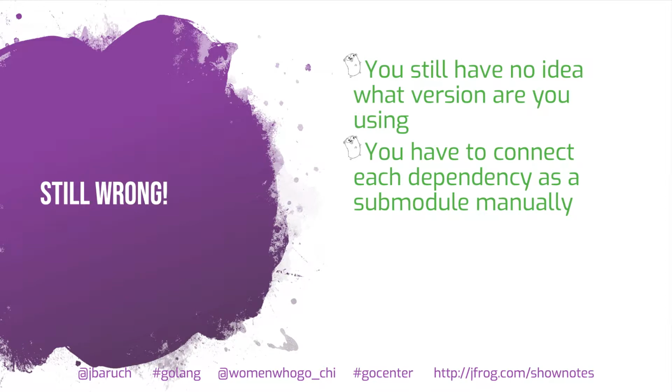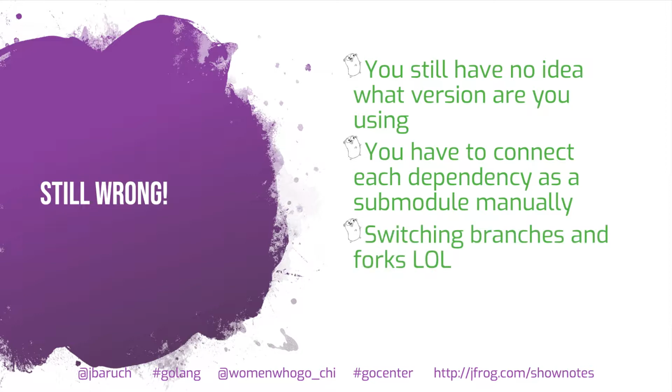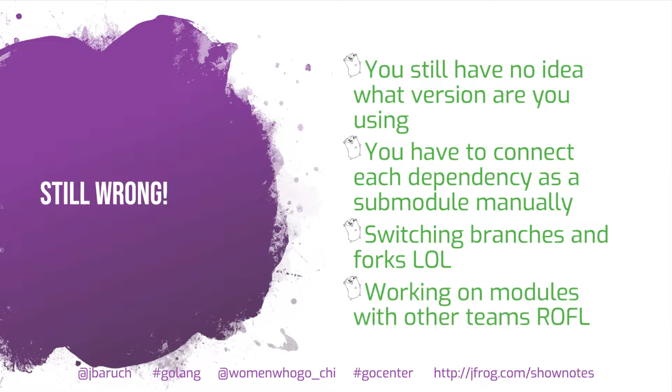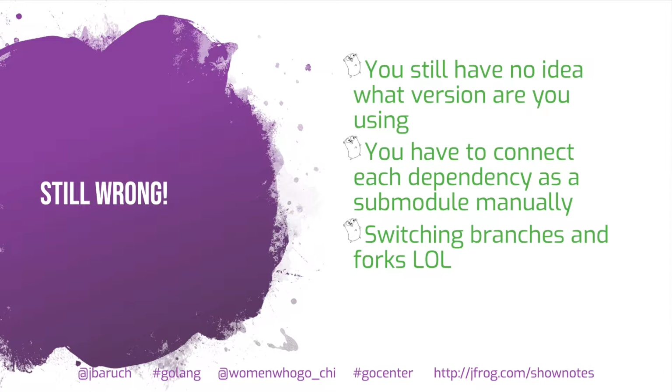You have to connect each dependency as a submodule manually. Again, unless there is a tool that knows how to do that. So if I use one of those dependency managers and I declare a new dependency, it will go and connect a submodule for me, which makes life a little bit easier. But obviously stuff that is traditionally hard with Git submodules, like switching branches and sharing, switching branches is just horrible in submodules.